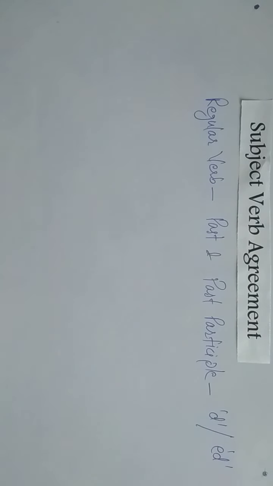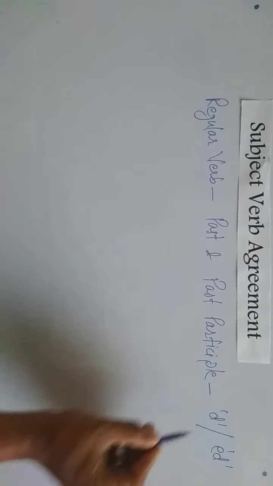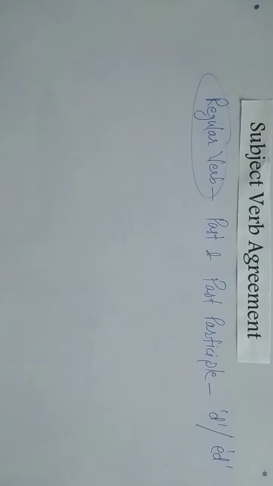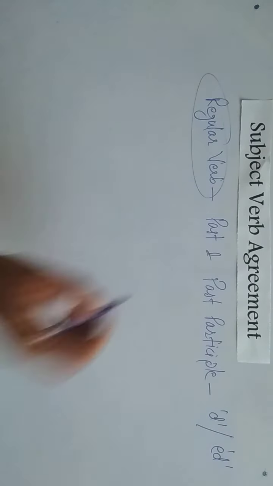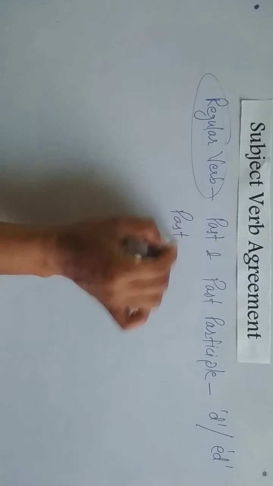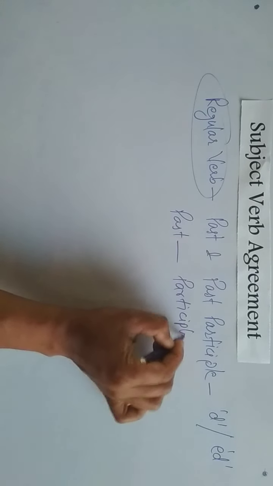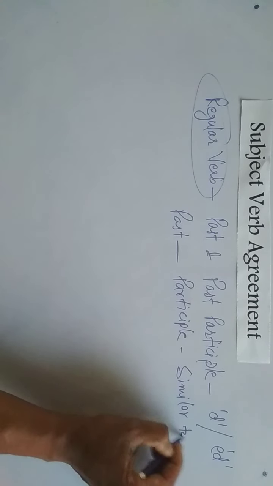In other words, those verbs which are changed into their second form and third form using d or ed are called regular verbs. And in other simple words, for regular verbs, the past and past participle are similar to each other.